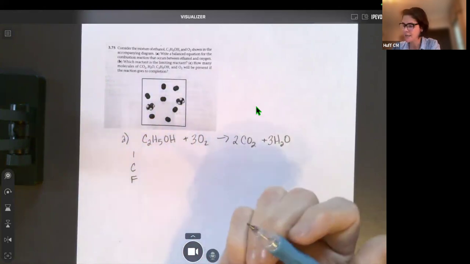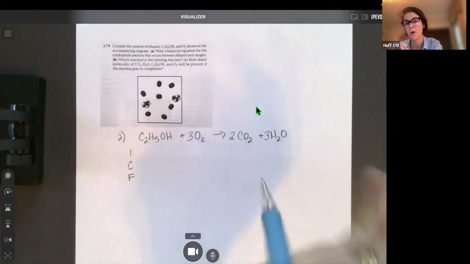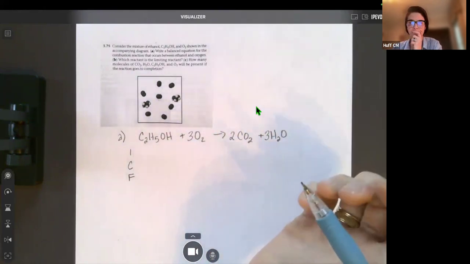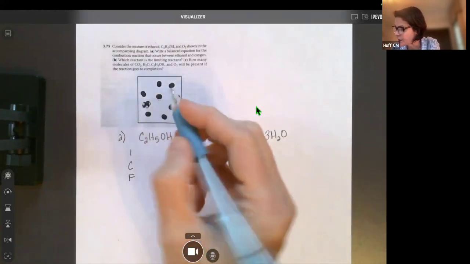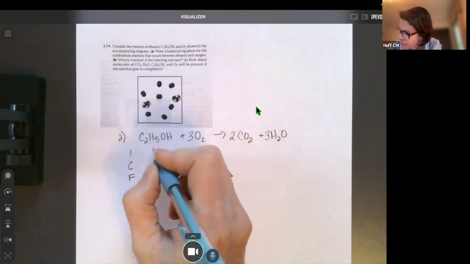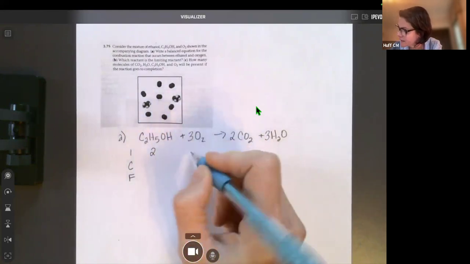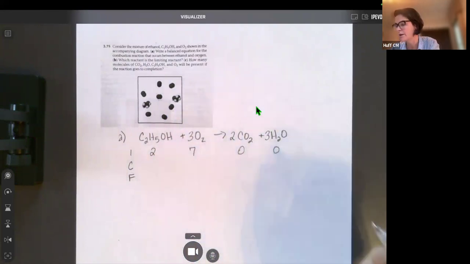The I stands for initial, and I'll put how many molecules or moles, they can represent moles as well, of what I'm given. In this drawing, it looks like we've got 2 molecules of ethanol, 1, 2, 3, 4, 5, 6, 7 molecules of oxygen, no carbon dioxide, and no water.